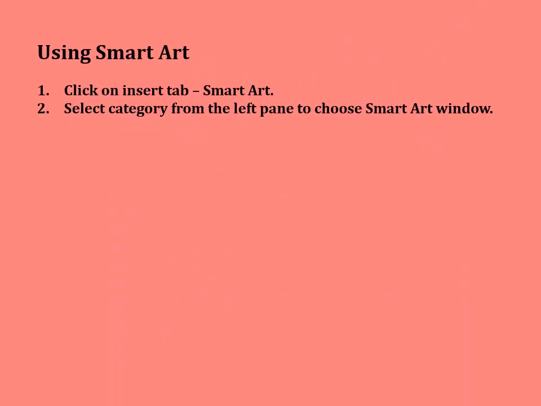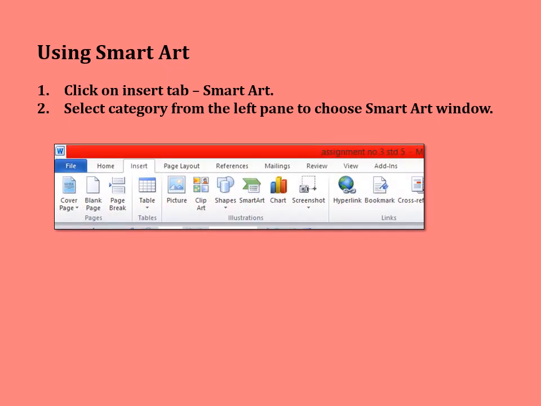Now let us learn how we use the Smart Art button. For using the Smart Art button, the first thing you have to do is click on the Insert tab. Please see the image, the Insert tab. Then click on the Smart Art button. Select the category from the left pane in the Smart Art window.